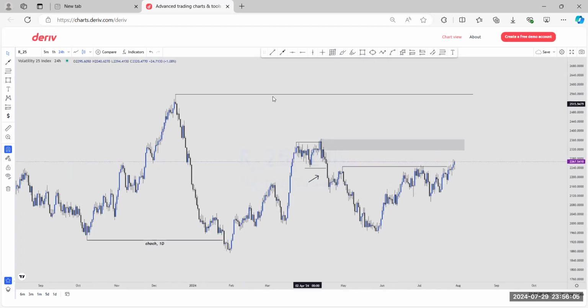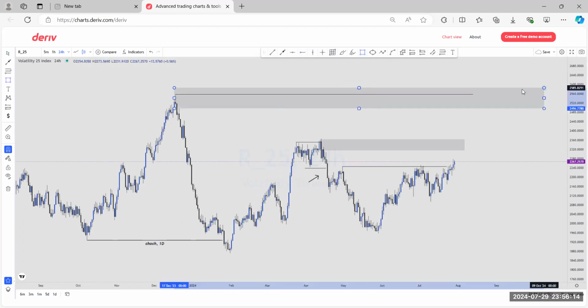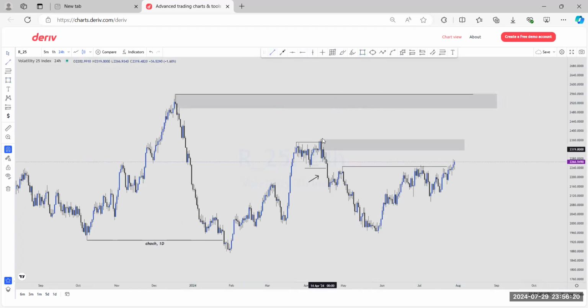But much more importantly, of the conviction that price may want to retest this block, order block right here, and perhaps target this. This is the way I'm thinking. Target this as liquidity, all right, for this POI.